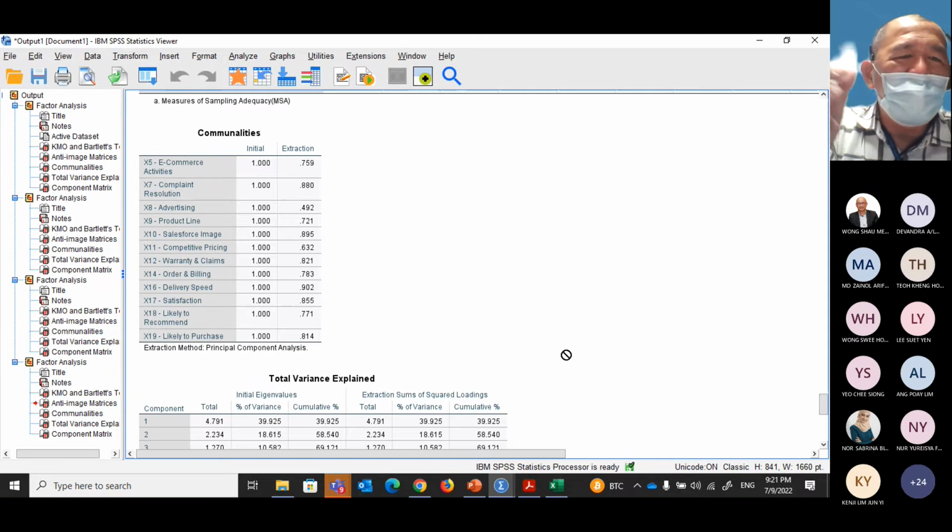Good question. The 3 variables that we ignore? Yes. What's the point of considering the 3 variables if the MSA is small? It means they are not fit to the data.